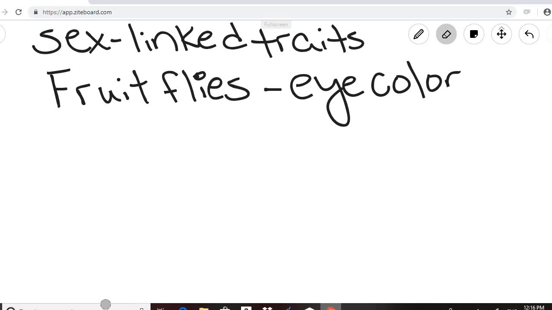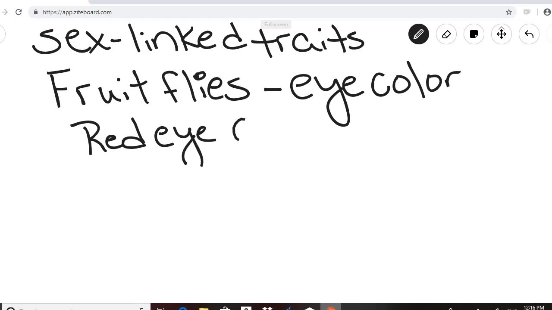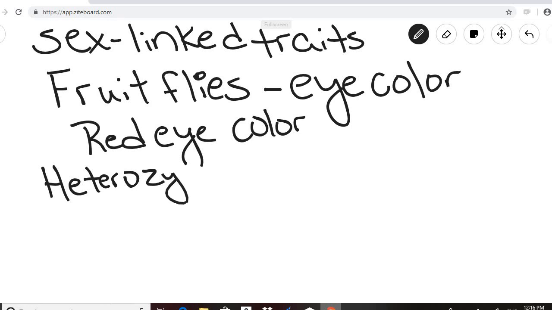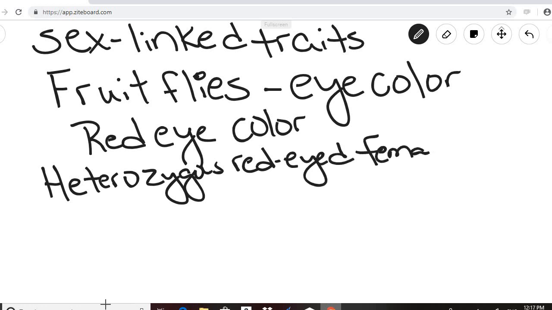So in particular, we're going to look at the red eye color. And the red eye color is dominant. So let's say we have a heterozygous red-eyed female. Okay, so that female would be this and this.